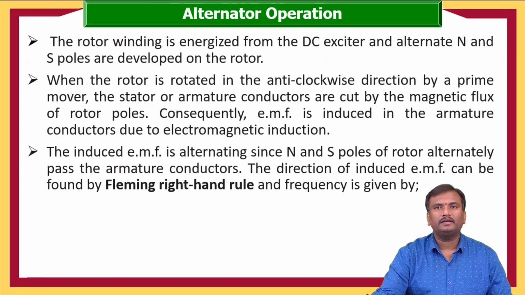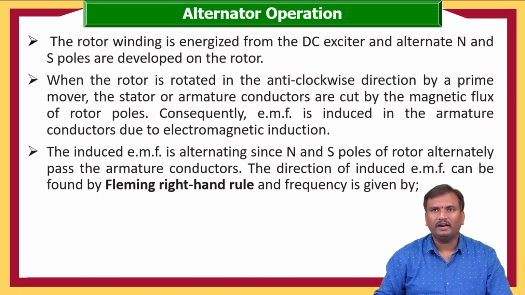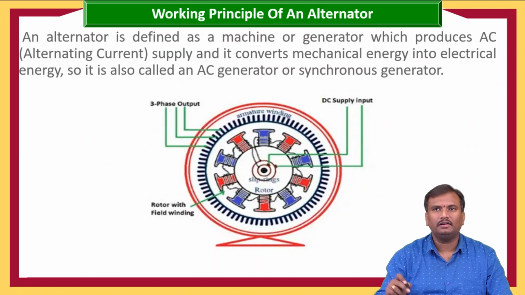And in the alternator, in any machine, when we consider, we are going to have two windings. One is field winding and the rotor winding. The winding which is going to generate the main field is called the field winding, and the winding which is placed on the rotor is called the rotor winding.